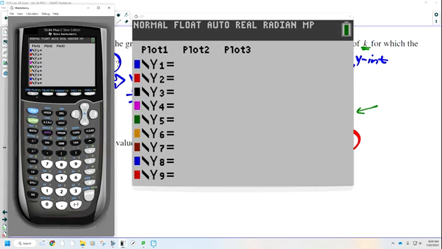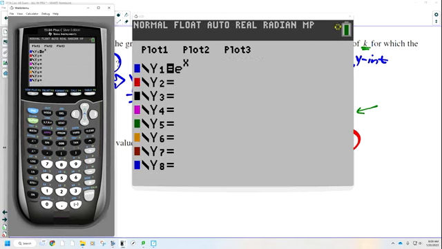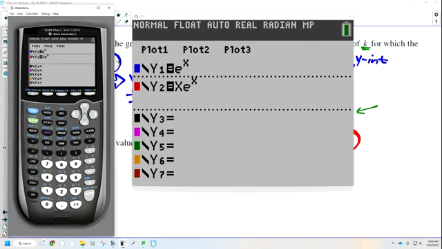So I have e to the x, and then I have x times e to the x, plus 1/2 or 0.5. When I graph these, this is e to the x, beautiful little function. And this, my friends, is our timid x times e to the x plus 1/2.